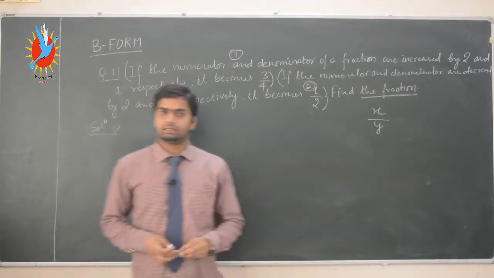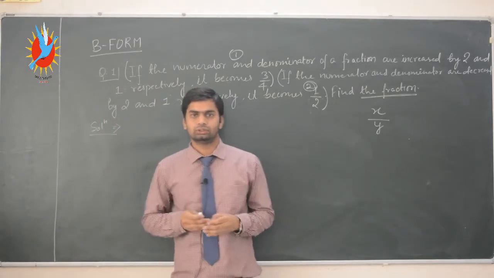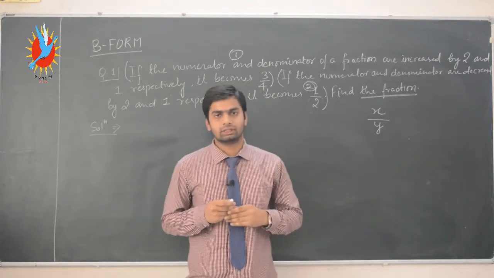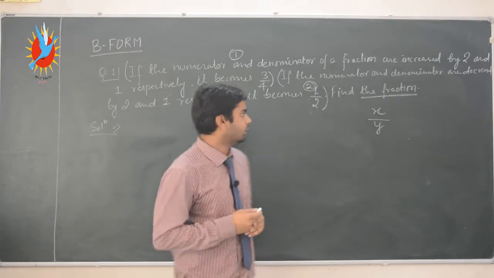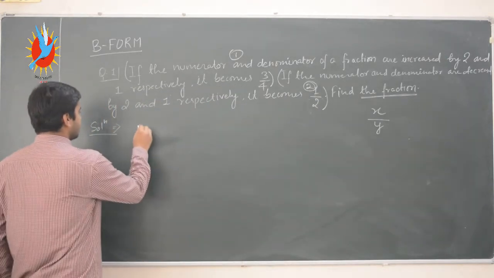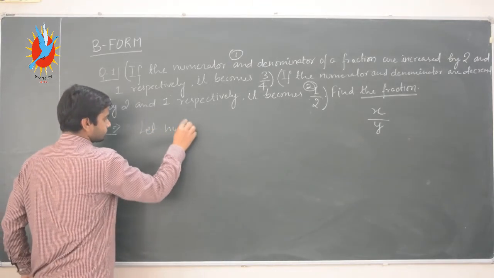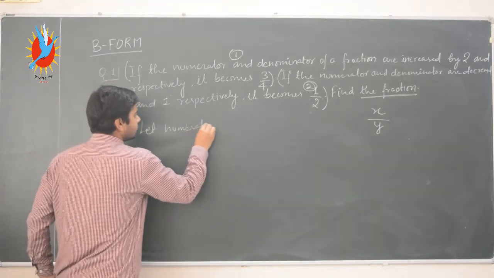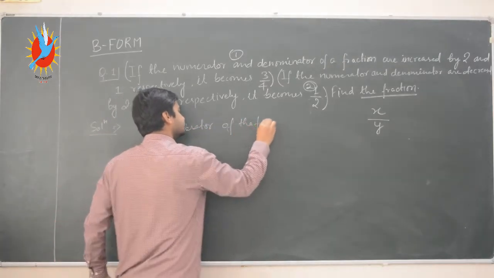So we will get two equations in two variables, and by solving them either by the substitution method, the elimination method, or the cross multiplication method, we will get the values of x and y.